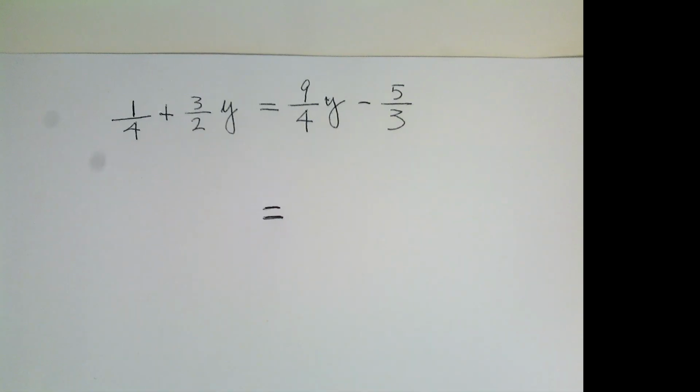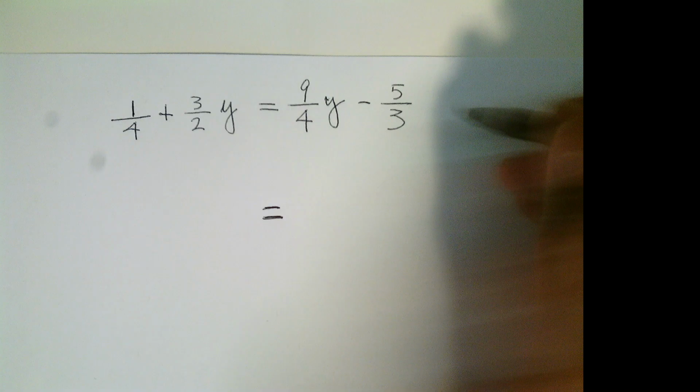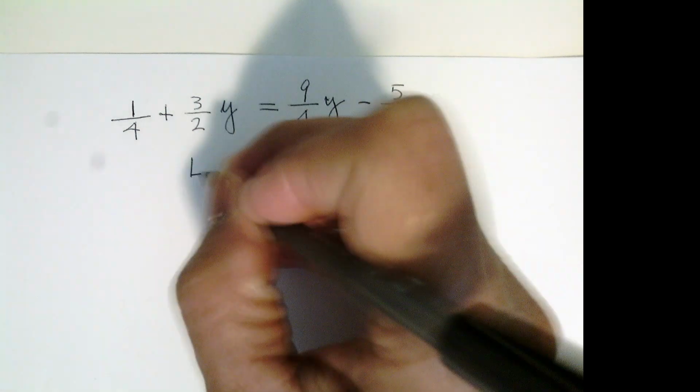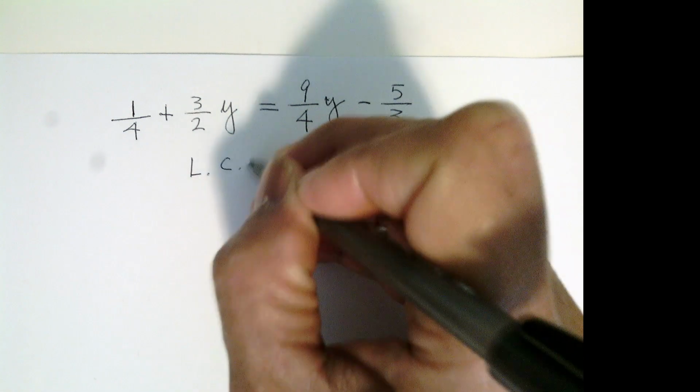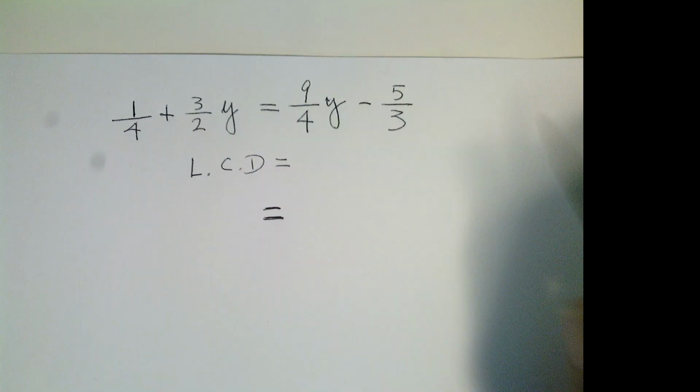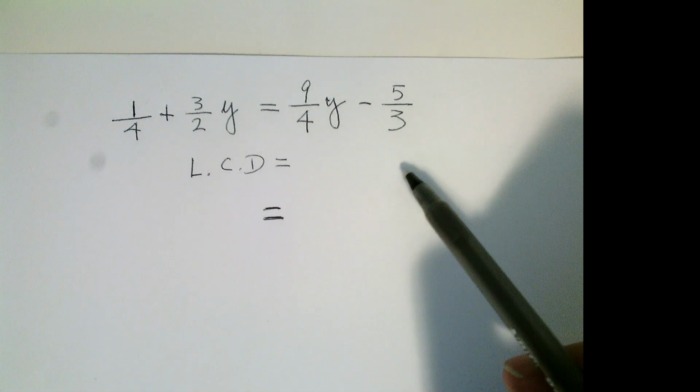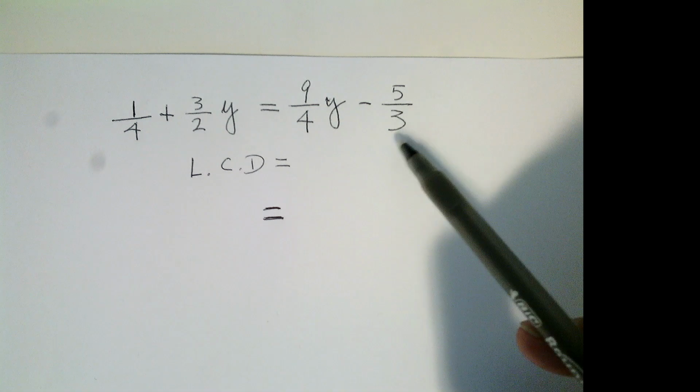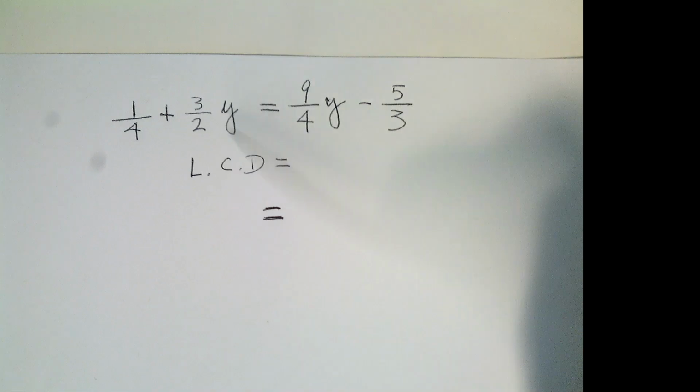I hope. Okay. Now this question here, the LCD, of course, normally we expect grade 9 students to be able to tell the number 12 is divisible by 3, by 4, and by 2.